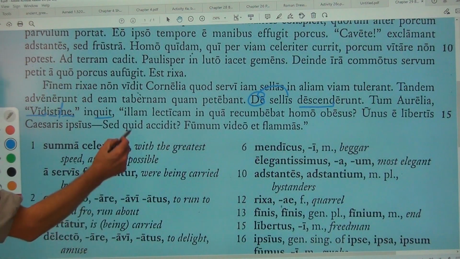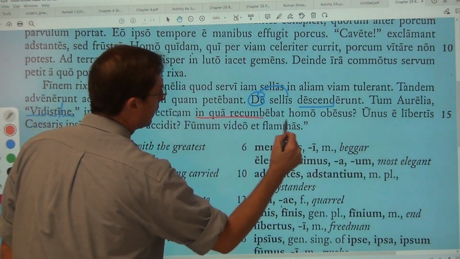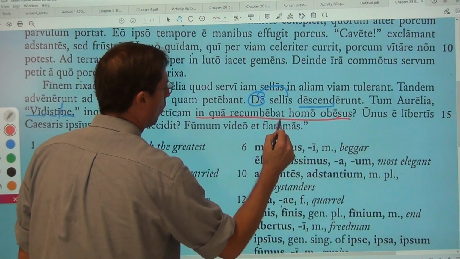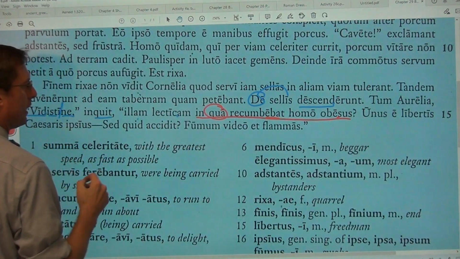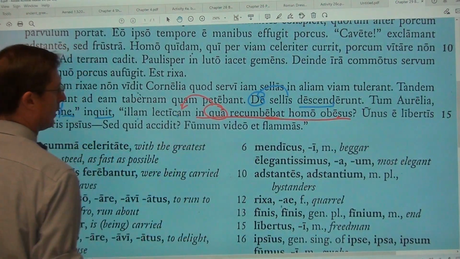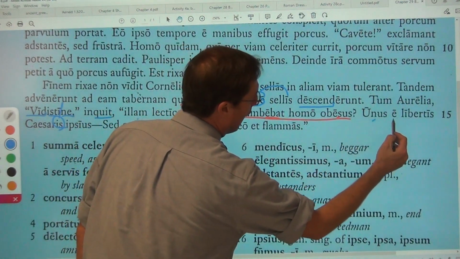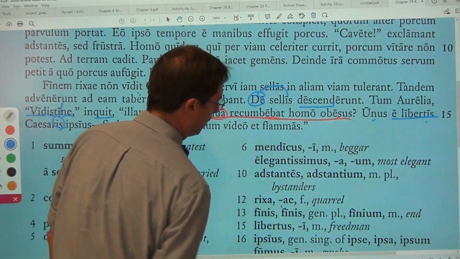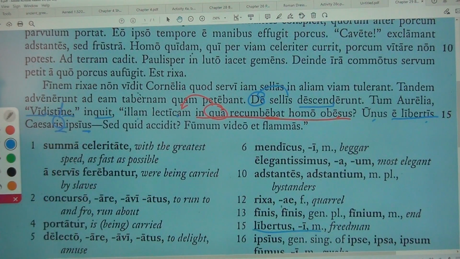Did you see that litter in qua, in which the fat man was reclining? And again, a relative that you would have as an antecedent, lecticam, in which the fat man was reclining. Unus e libertis Caesaris ipsius, one out of the freedmen, that is what a libertus is, you can see it down here, of Caesar himself.